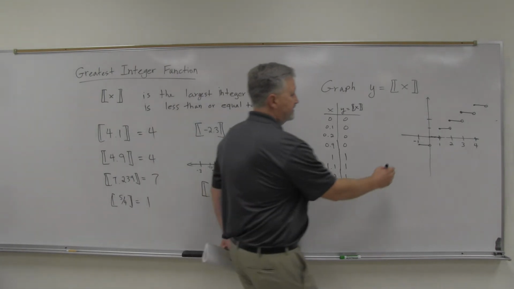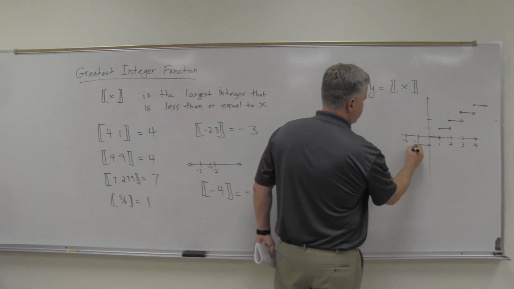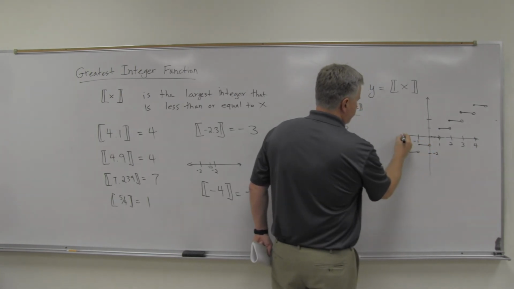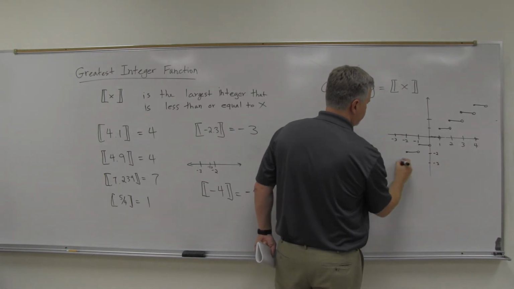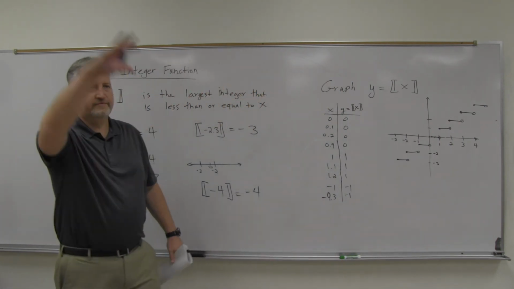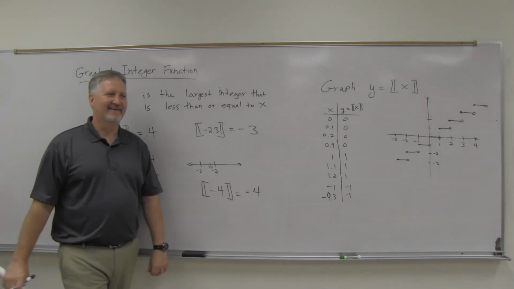So these steps continue. Between negative 2 and negative 1, it's at negative 2. And then between negative 3 and negative 2, it's at negative 3. Okay. So that continues. You ever seen that before? Never seen that before? Okay.